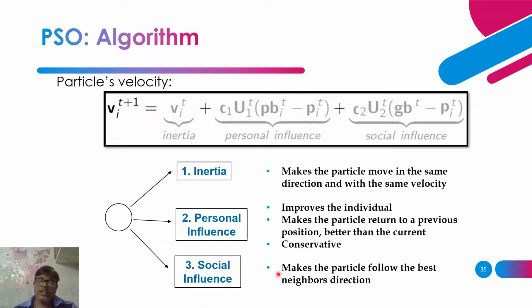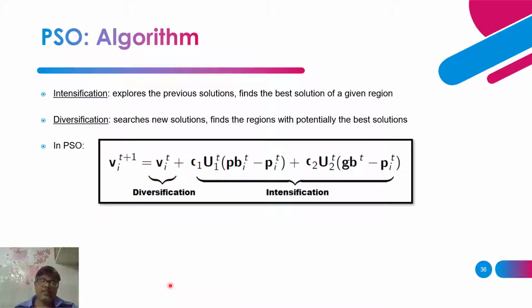Now this equation is again divided into two parts: one is called intensification, the other is called diversification. What is intensification? Intensification is nothing but exploring the previous solutions to find the best solution of a given region. It explores the previous positions, where self experience and colleague experience are used.